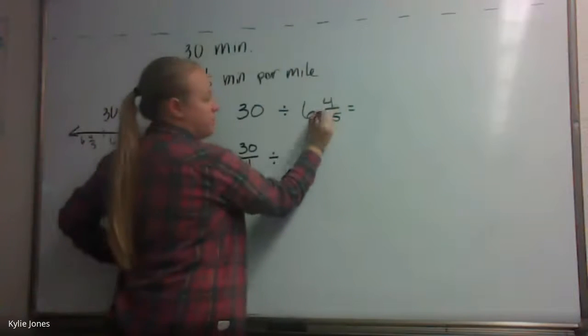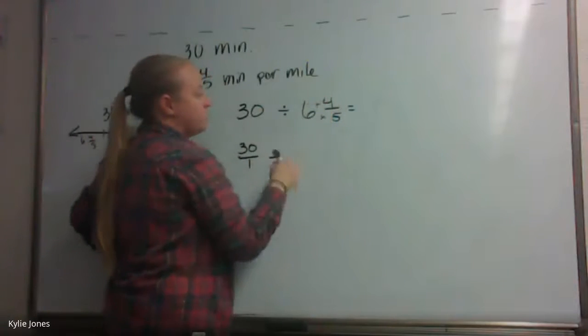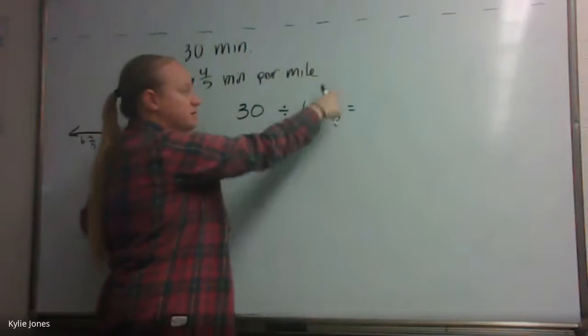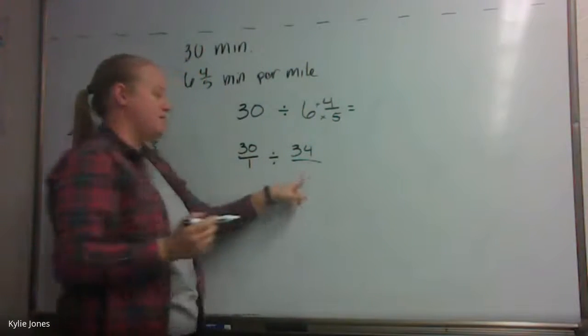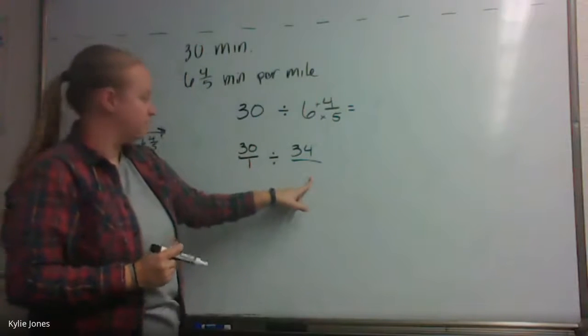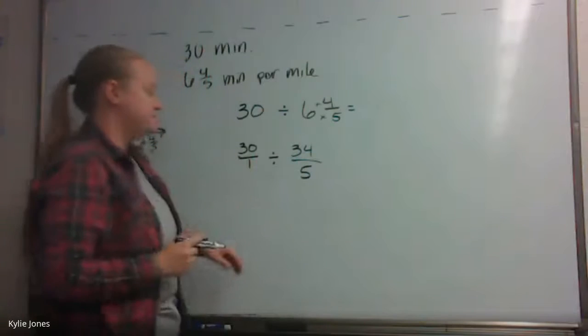We're going to take our whole number 6, multiply it by 5, and add 4. So 6 times 5 is 30, plus 4, 34. What's my denominator? 5. Good.